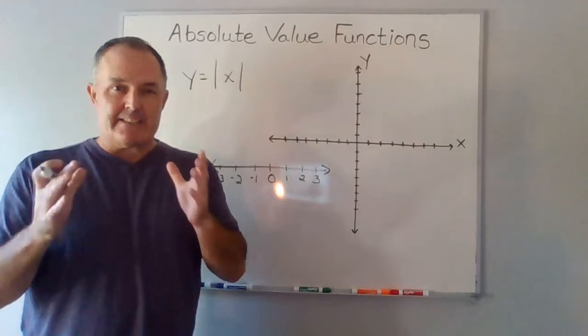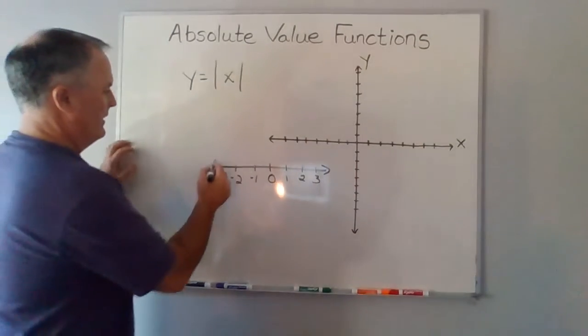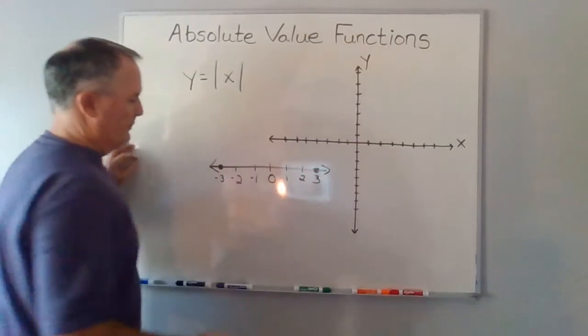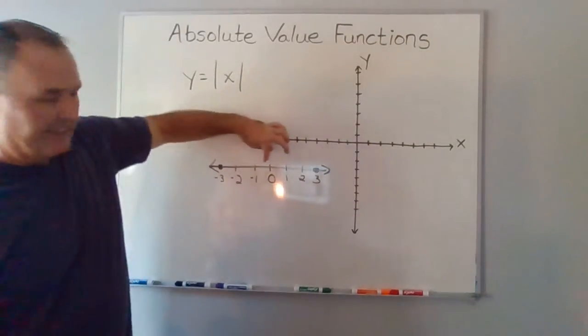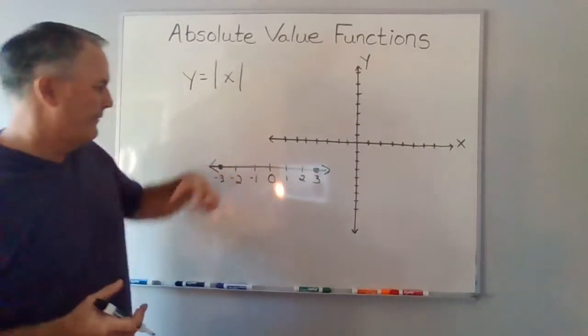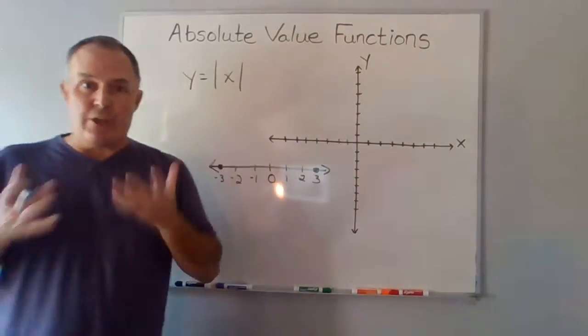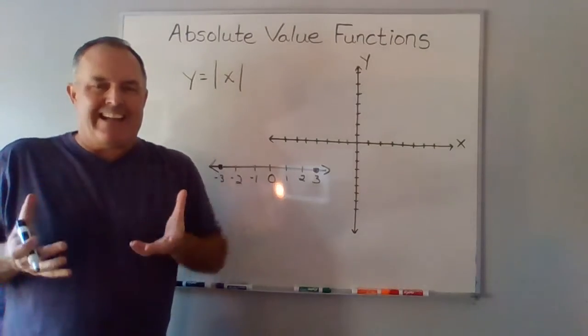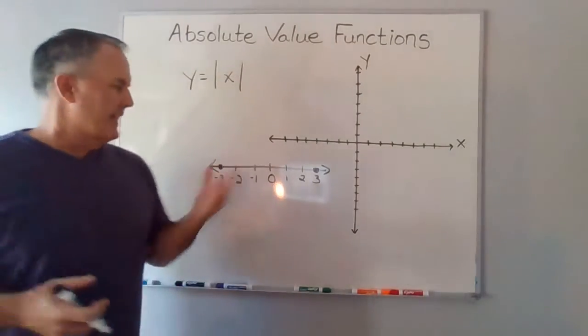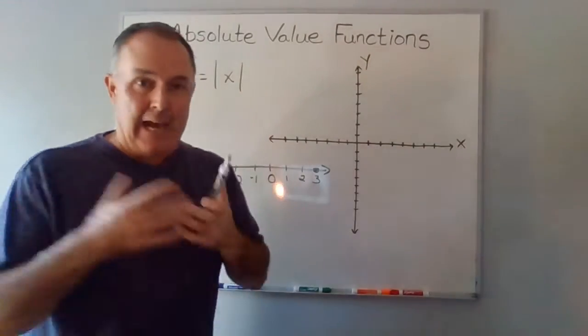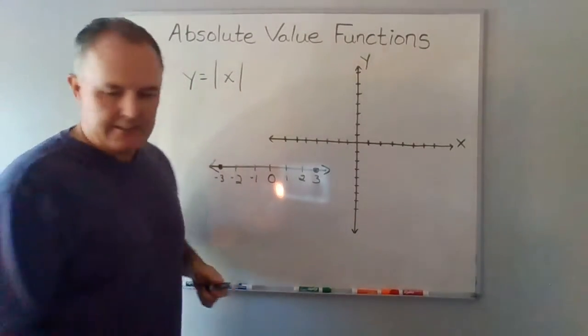Absolute value is the distance that number is from zero. So if I had, say, -3 as a point and 3 as a point, 3 obviously is 3 units from zero. -3 is also 3 units from zero. You can't have a negative distance. So that's why the distance from zero is always positive. That's why we say the absolute value is always positive.